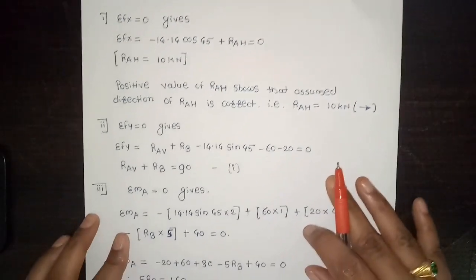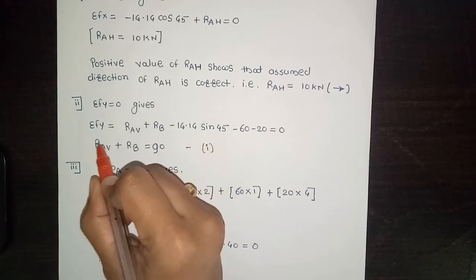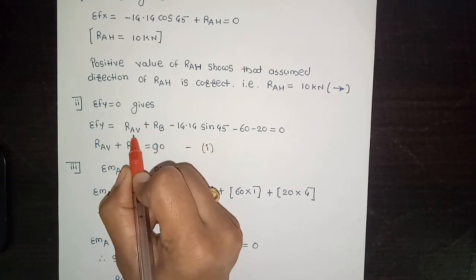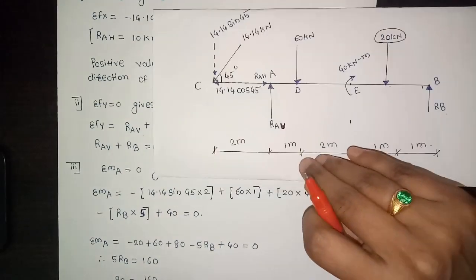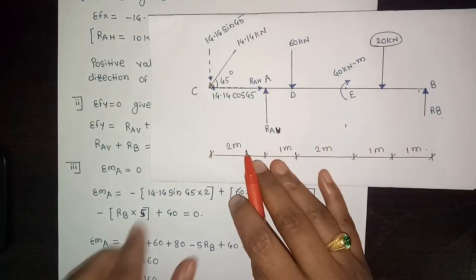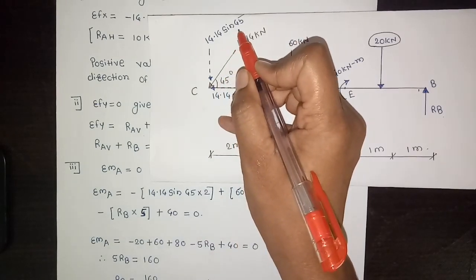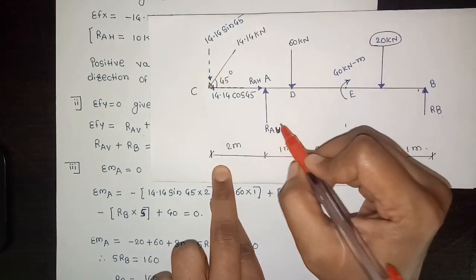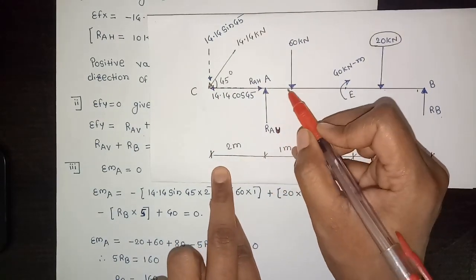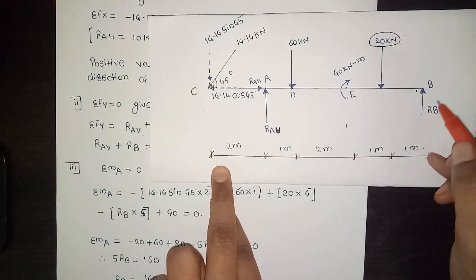Okay, then summation Fy is equal to 0, which means algebraic sum of all y components. See, first is 14.14 sin 45 downward, so minus, then RAV upward plus, minus 60, minus 20, plus RB.